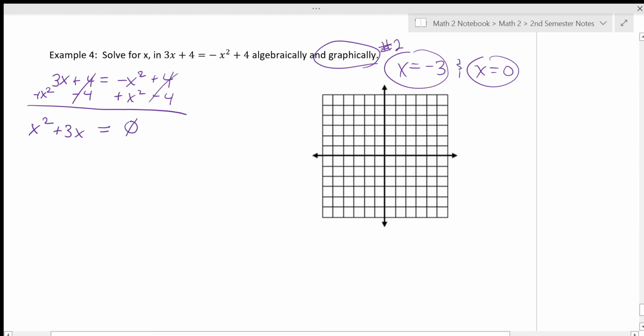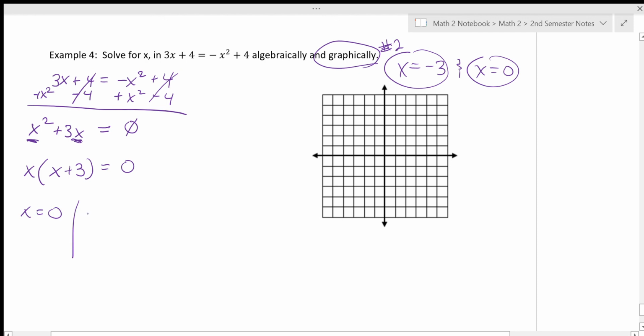Okay, then again, we're factoring here. So I recognize that I only have 2 terms, so this is not going to factor like the other ones did. Instead, I'm just going to look here for my GCF, my greatest common factor, which is x, and I'm going to factor that out so that I have x times x plus 3 equals 0. And then I'm still going to set each of these factors independently equal to 0.